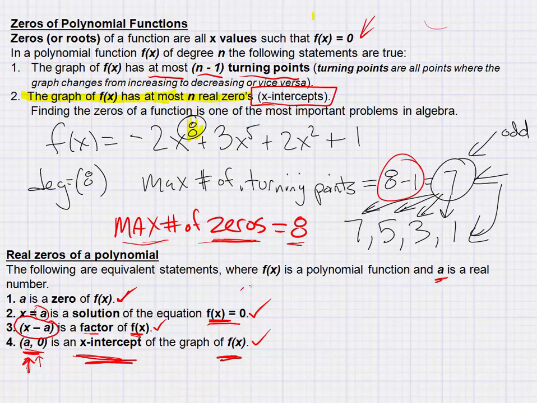So these four statements all mean the same thing. Zeros are solutions to this equation. Zeros are factors in the form x minus that zero. And also, the zeros are x-intercepts for the graph of the function.